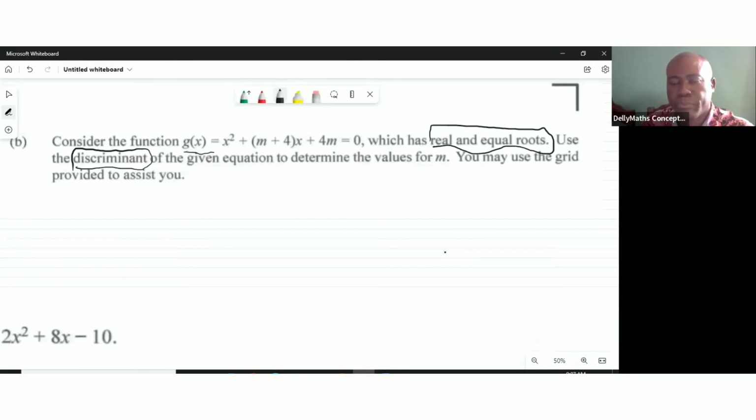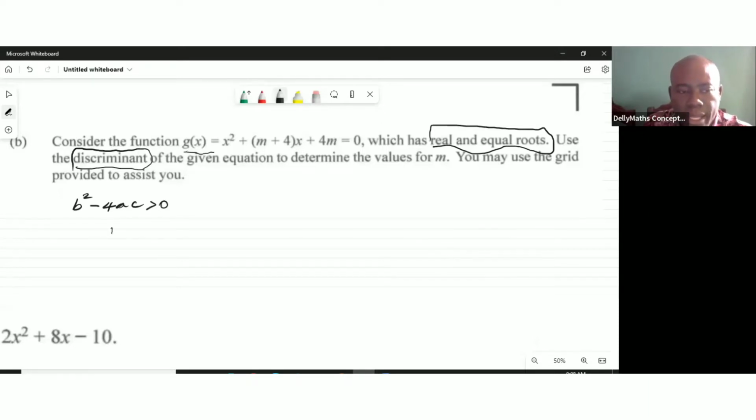All right, so definitely we intend to understand what the discriminant means. The discriminant of a function is this: the discriminant is b squared minus 4ac. Now, we have 3 cases for this. We have a case where the discriminant could be greater than 0.